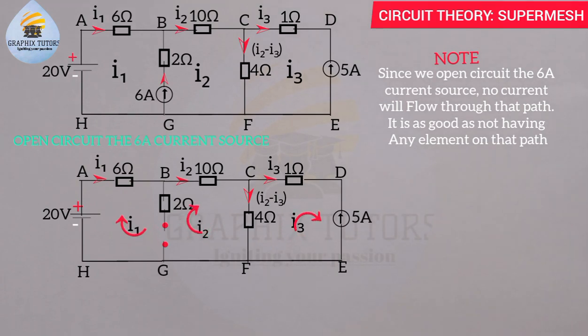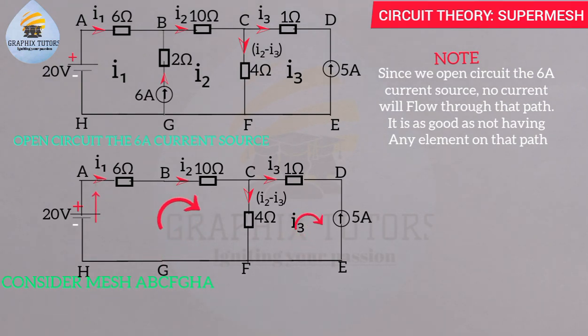I will consider the mesh A, B, C, F, G, H, A, right? And I will take my negative to be the lower potential and my positive to be the higher potential. So when current moves from lower potential to higher potential, the voltage source there will be positive.